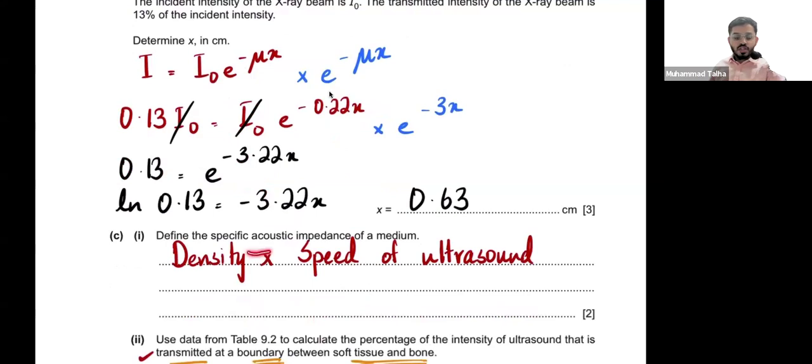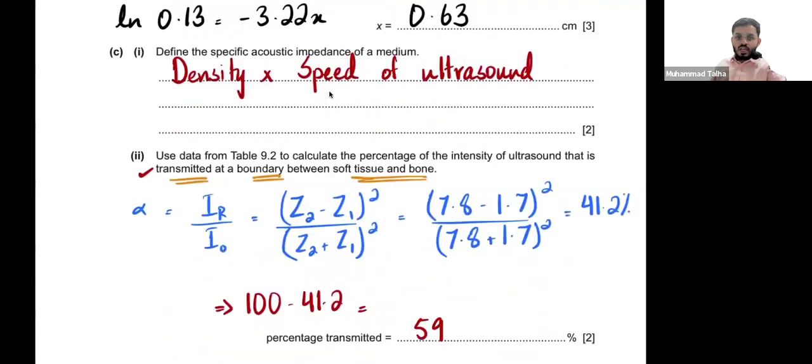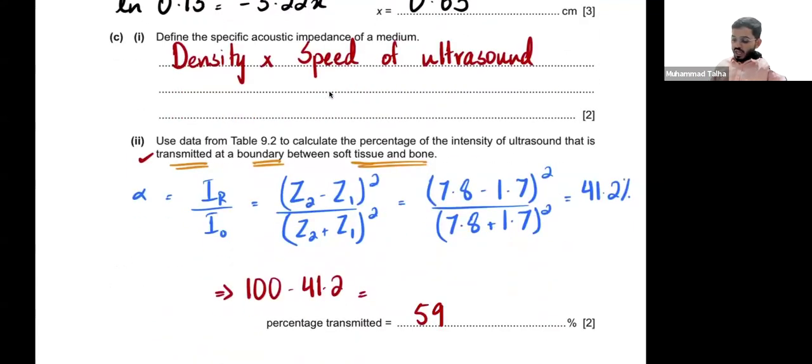Define specific acoustic impedance. So I'm really using this equation, Z equals rho c. So density times speed of the ultrasound in that medium, that is the specific acoustic impedance. Use data from 9.2 to calculate the percentage of intensity of ultrasound that is transmitted at a boundary between soft tissue and bone.